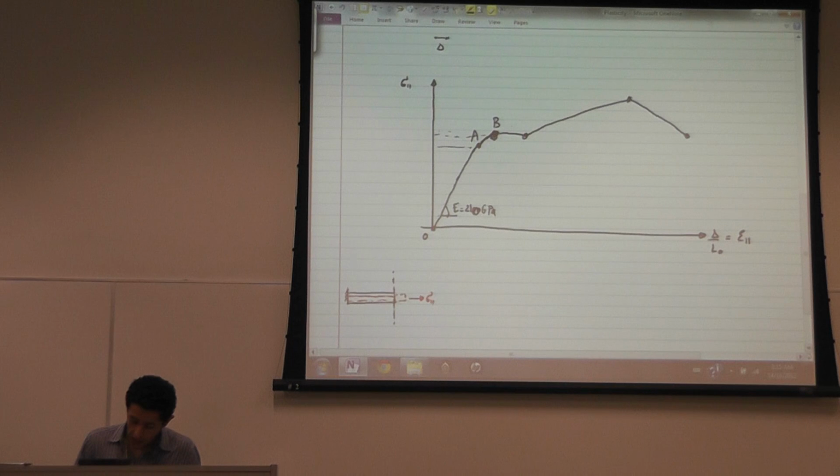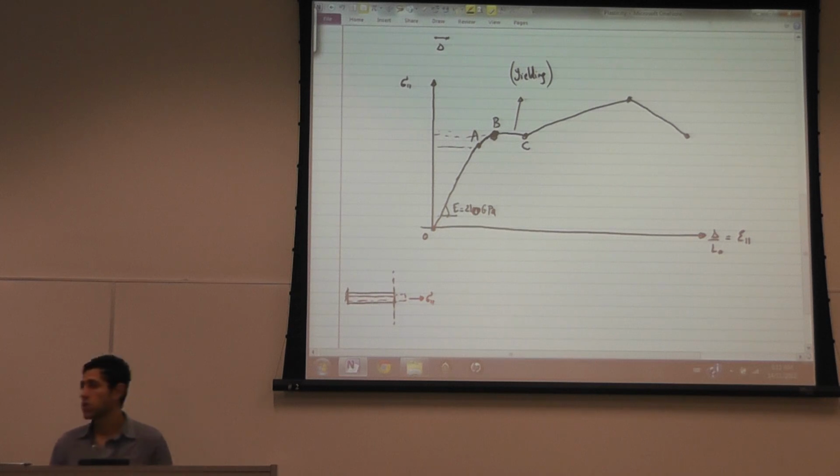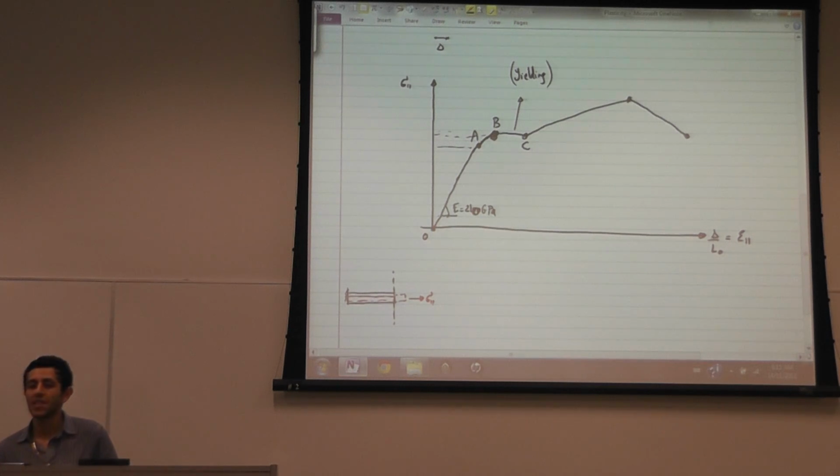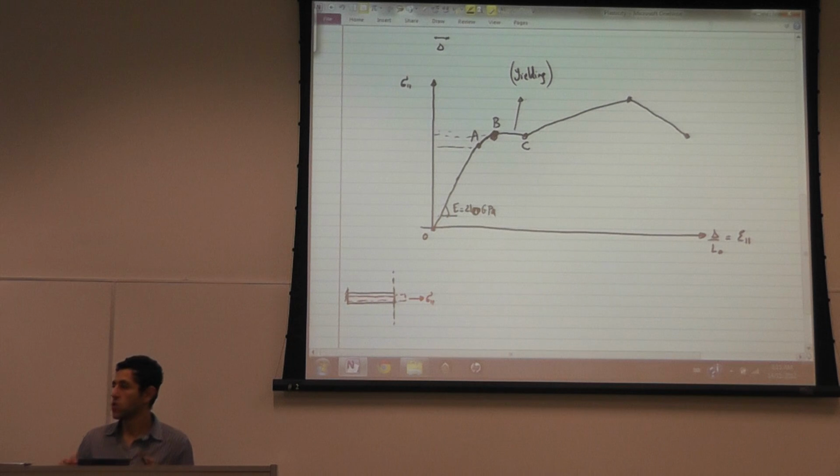And from point B to point C, that's the yielding term. The material is yielding. It is not offering any kind of resistance. You have the same stress, and it's just slowly extending.